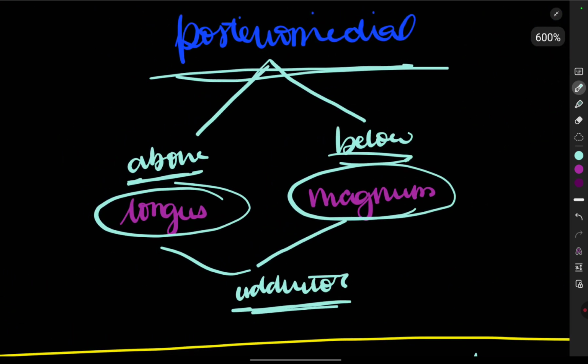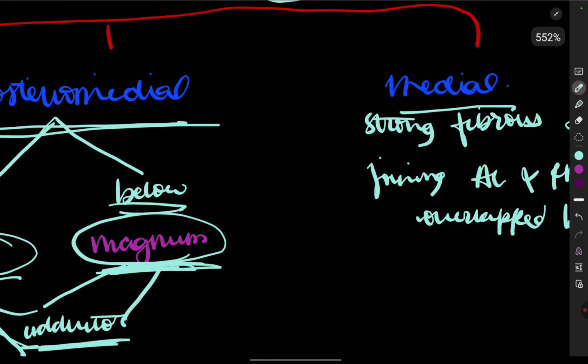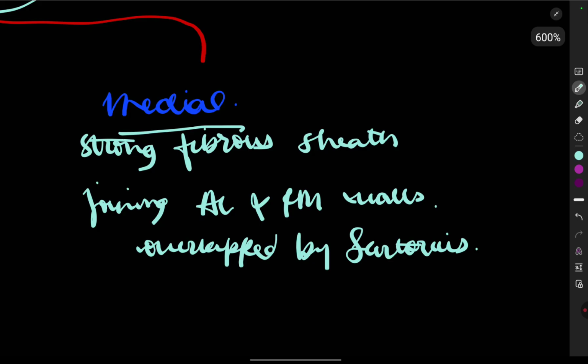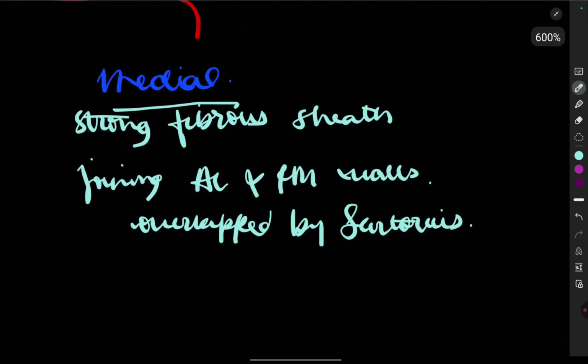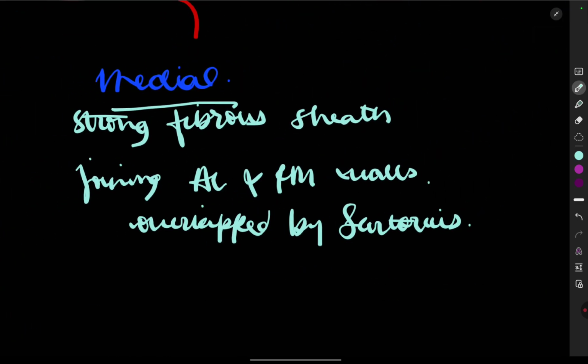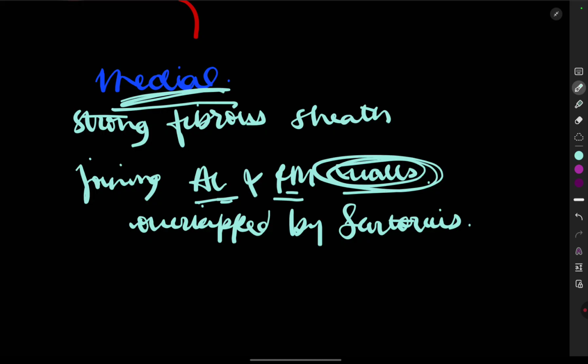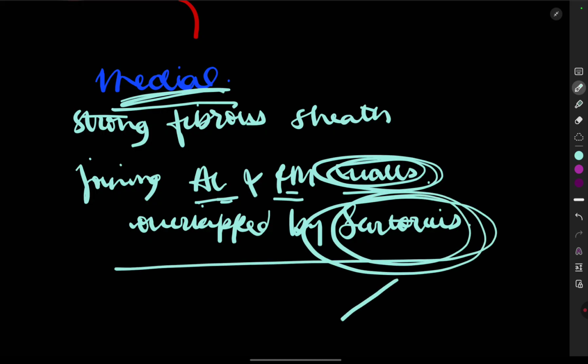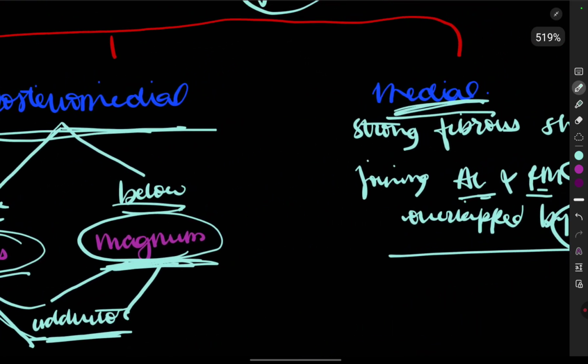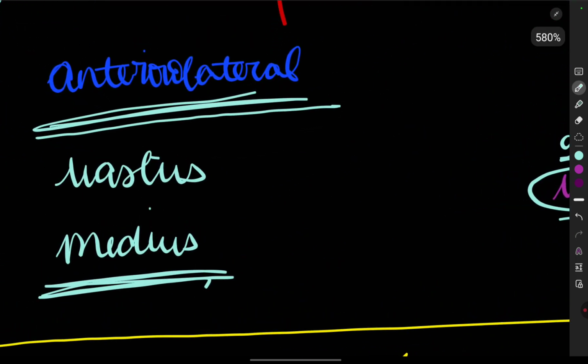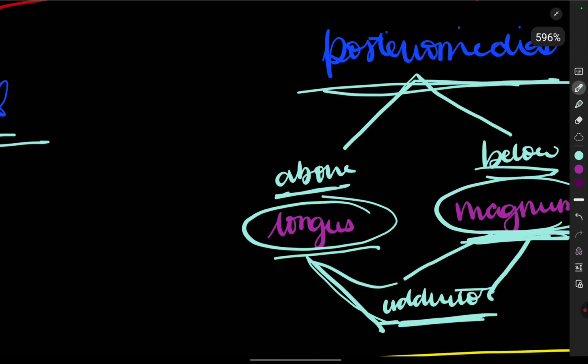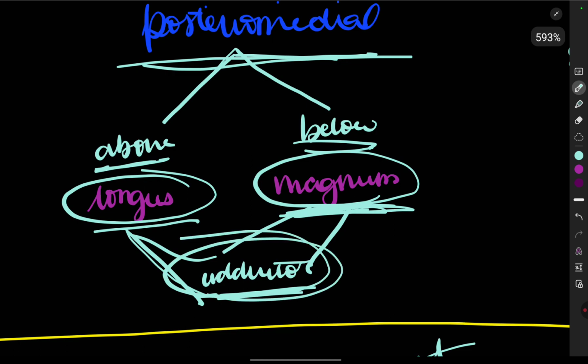And for the medial, we have a strong fibrous sheath joining the anterior lateral and the posterior medial walls, overlapped by the sartorius muscle.